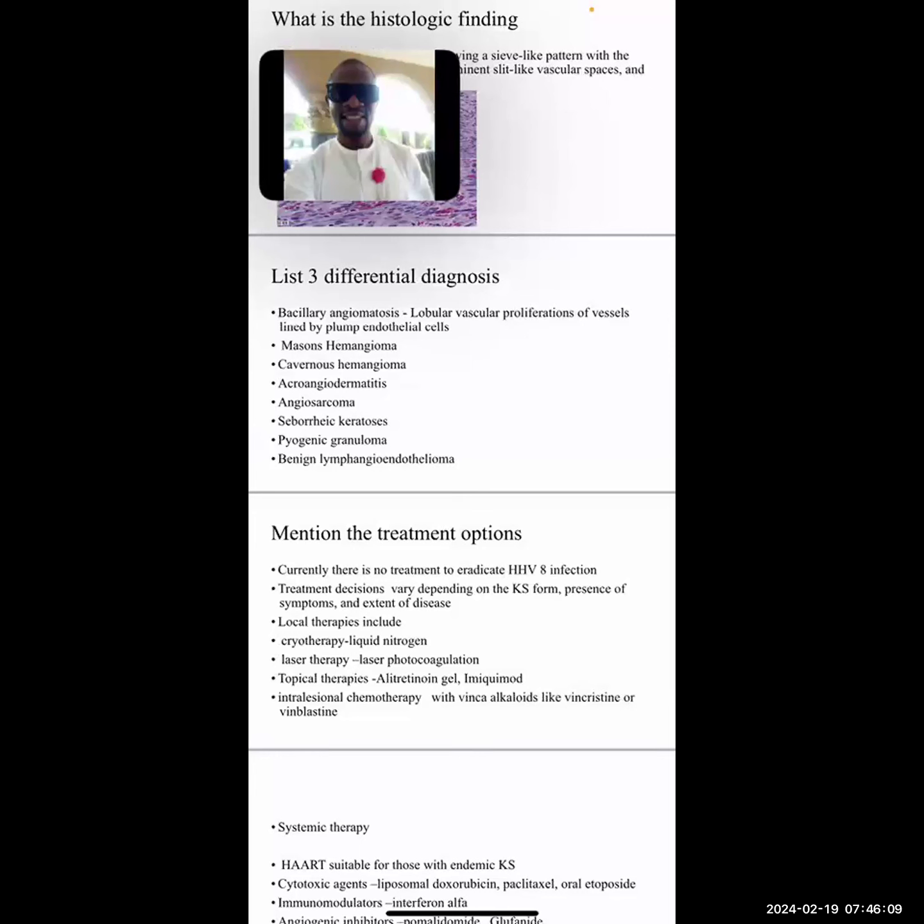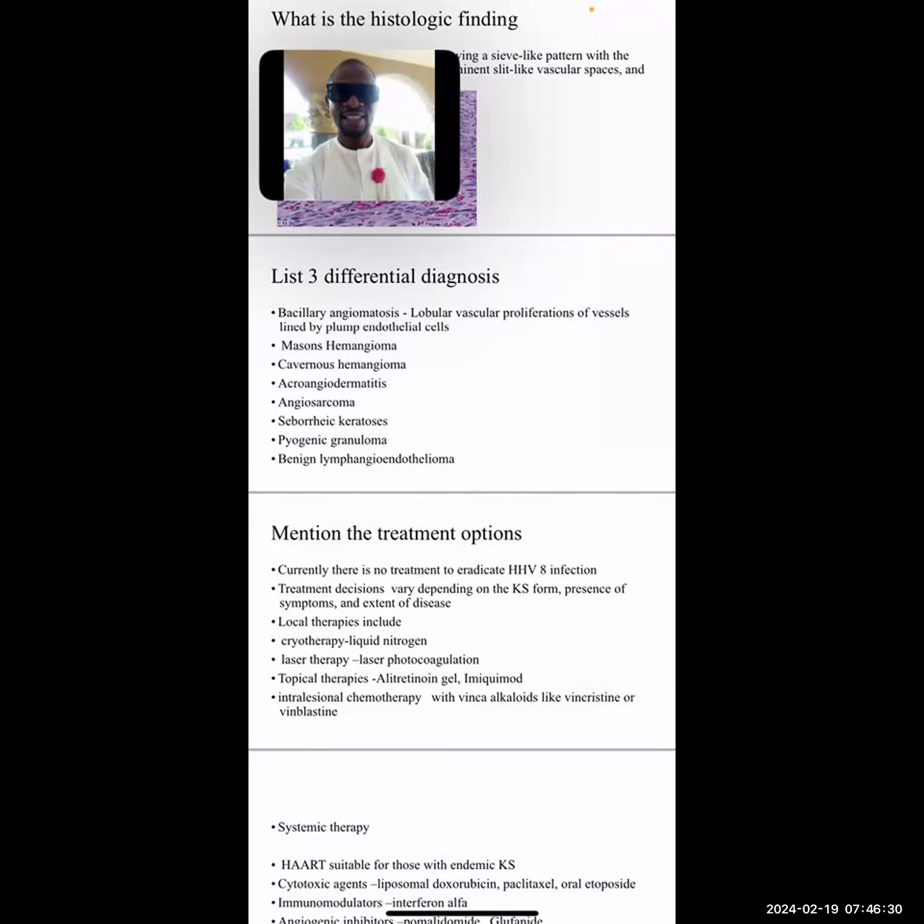Acroangiodermatitis, also referred to as pseudo-Kaposi sarcoma, is also a differential. It shows uncommon vasonative lesions, and in addition, they also involve the lower limbs.